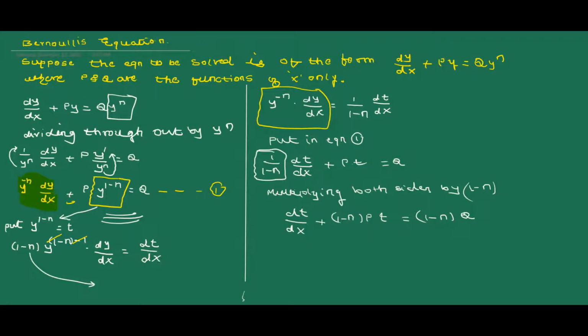So this equation is of the form of a linear differential equation, that is dy by dx plus py is equal to q, where in place of q we have this total 1 minus n into q. Here also the y value is equal to t, and this p value is equal to total 1 minus n into p.